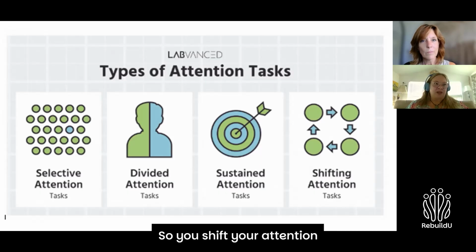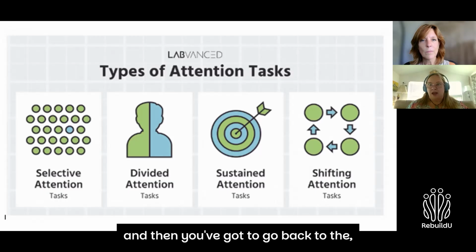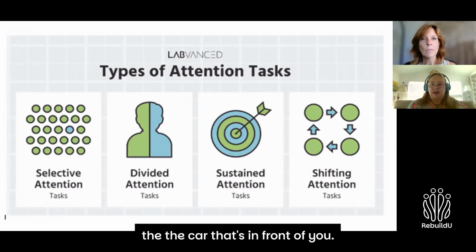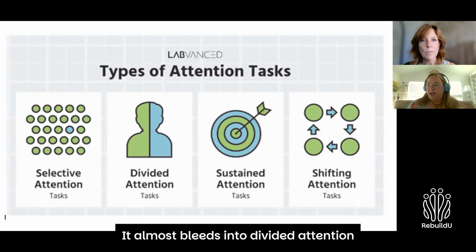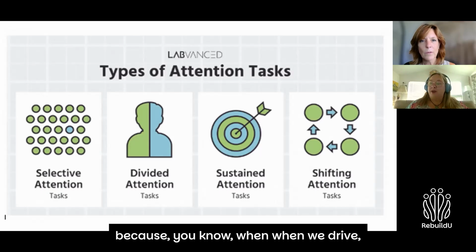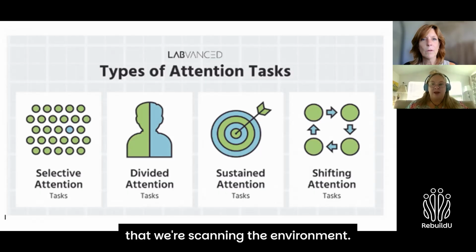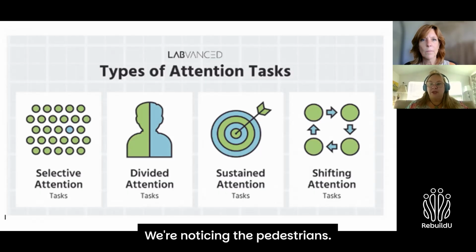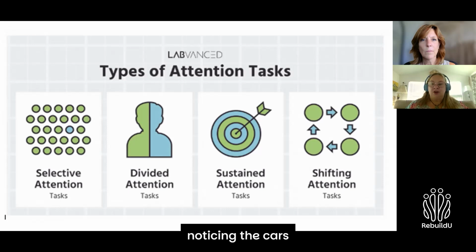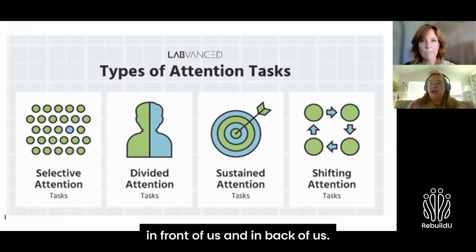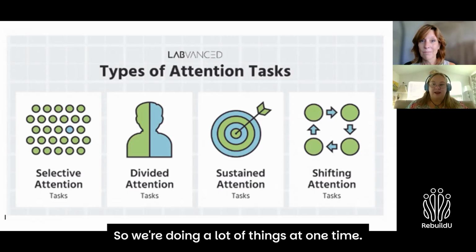So you shift your attention to the pedestrian, and then you got to go back to the car that's in front of you. It almost bleeds into divided attention, because when we drive, it's really important that we're scanning the environment, we're noticing the pedestrians, we're noticing the cars in front of us and in back of us and to the side of us. We are monitoring all the time, so we're doing a lot of things at one time.